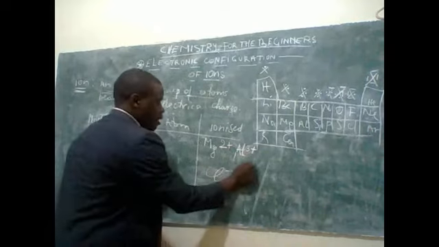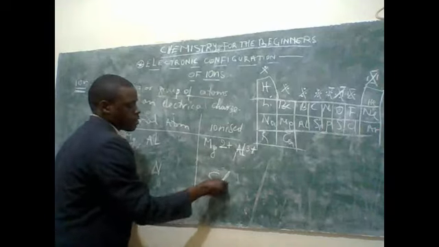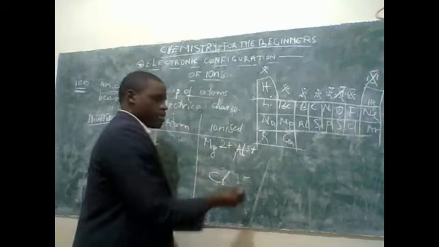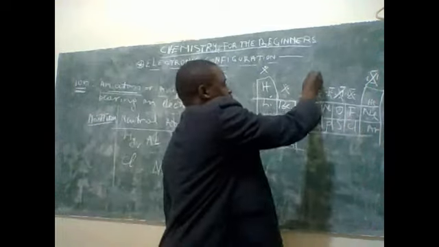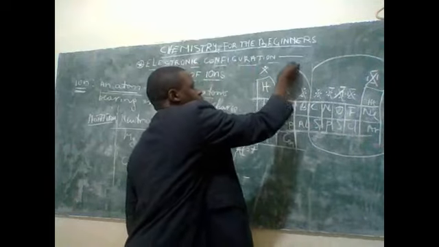So here we have seen that chlorine will have negative because it falls among the non-metals.